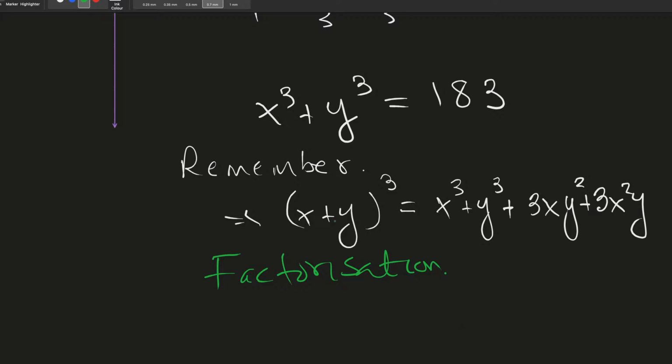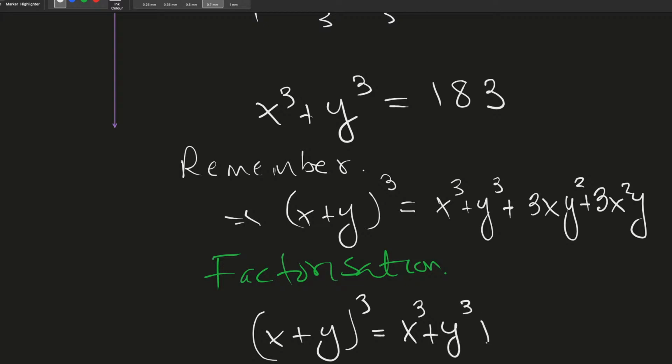Now, if we look at this expression, we have seen that (x plus y) cubed is equal to x cubed plus y cubed. We can bring 3 out, so we factorize it.